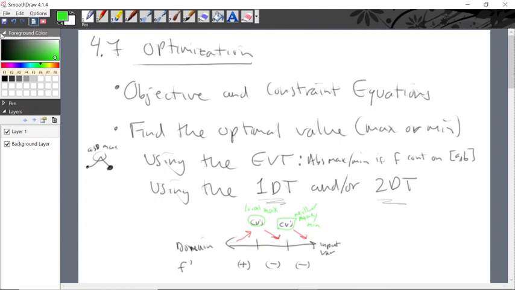Okay, and the second derivative test would require that we are able to find the second derivative, at least at the critical values. So, using the same critical values, if the second derivative exists at those critical values, we're checking to see what the output of the second derivative might be.